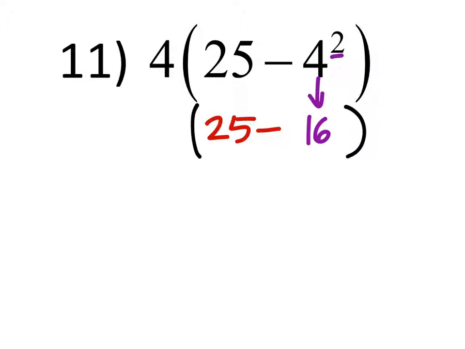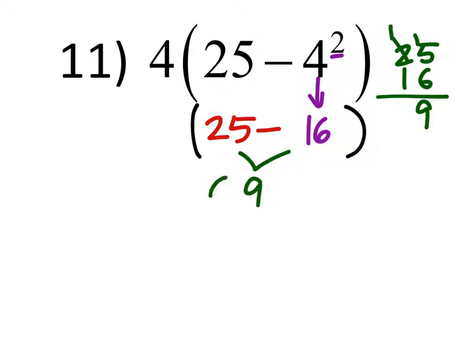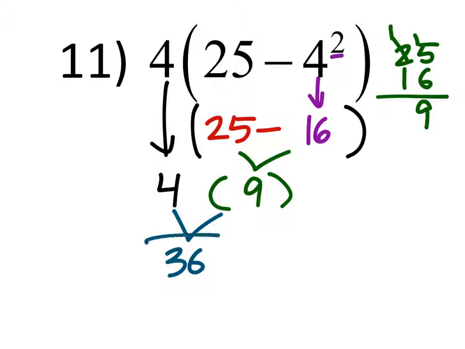And then we've got the subtraction, because there's no multiplication or division, or addition. So we'll subtract these two, 25 minus 16. Need to carry the 1 there, so we get 9. But I've still got that 4 out in front. So 4 times 9, 36.